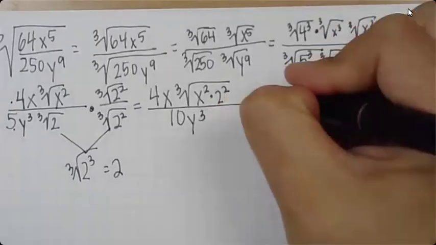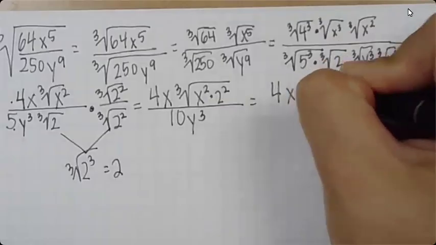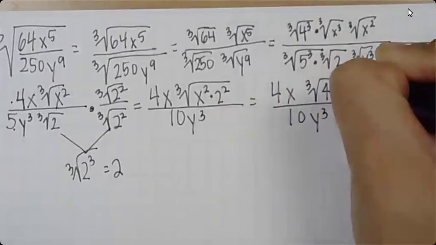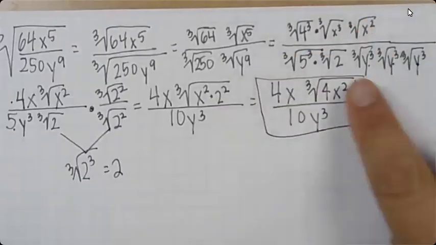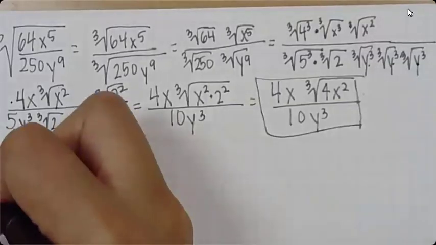And if I continue, I get 4x times the cube root of 4x squared, all over 10y cubed. So you're simplifying and you're trying to take out all your cube roots.